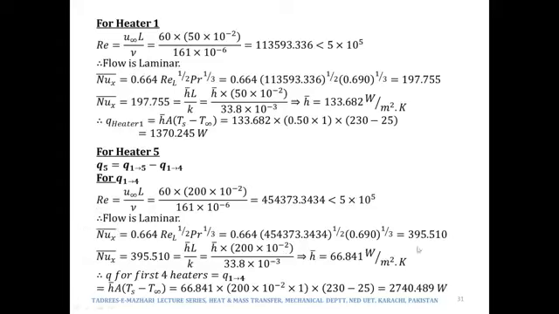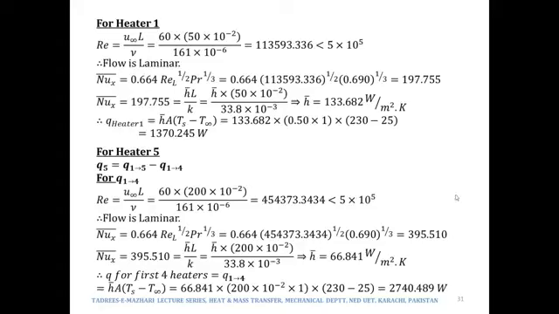Therefore Nusselt number would come out to be 395.5, and upon equating it to H L over K, we get H bar as 66.8. Now this value of H bar is the value of the average coefficient over the first, second, third and fourth plates.